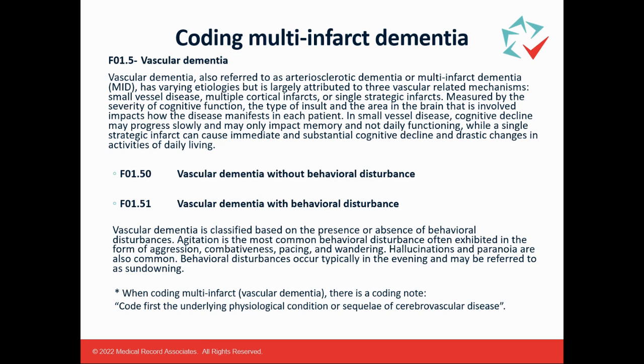Hallucinations and paranoia are common. Behavioral disturbances occur typically in the evening and may be referred to as sundowning. And I have an additional note here. When coding multi-infarct or vascular dementia, there's a coding note that states, code first the underlying physiological condition or sequela of cerebral vascular disease. So you will always want to code first those conditions, if you know them, when coding vascular or multi-infarct dementia.